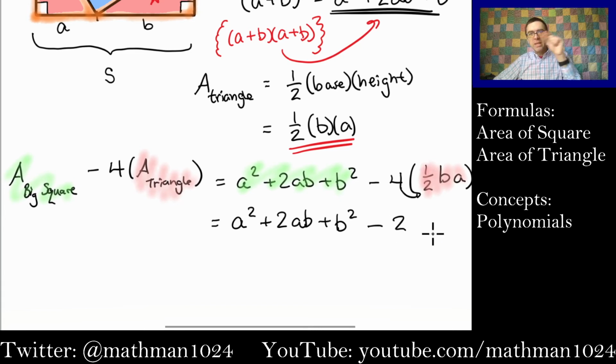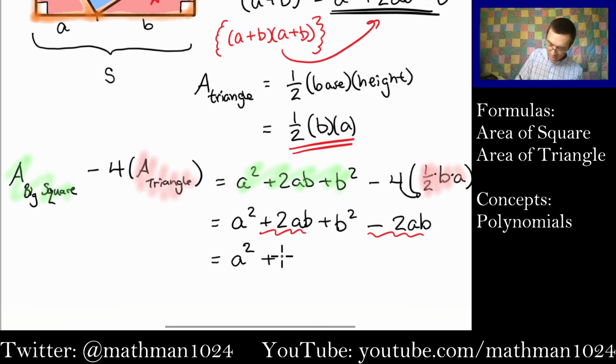And even though I have b times a, they're connected through multiplication, so I can just as easily rewrite that as a times b. And wouldn't you know it, you have a plus 2ab and a minus 2ab. So these guys reduce, giving us just a squared plus b squared.